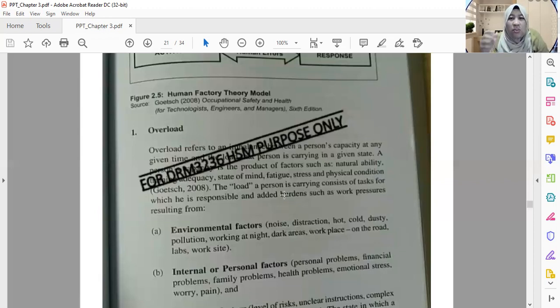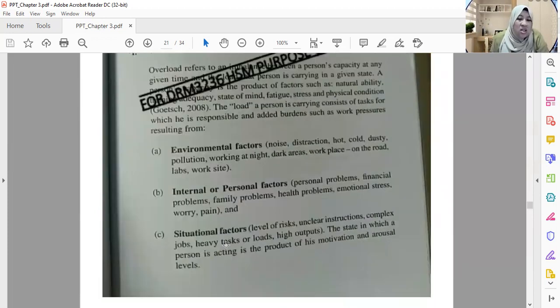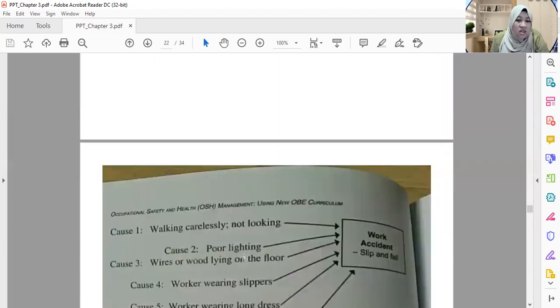And the meaning of the load. The load means bebanan. The load a person carries consists of tasks for which they are responsible and added burdens such as work pressures resulting from environmental factors, internal or personal factors, and situational factors.